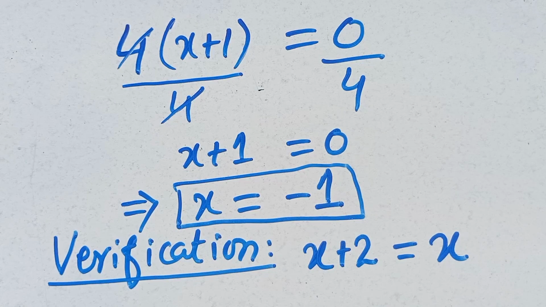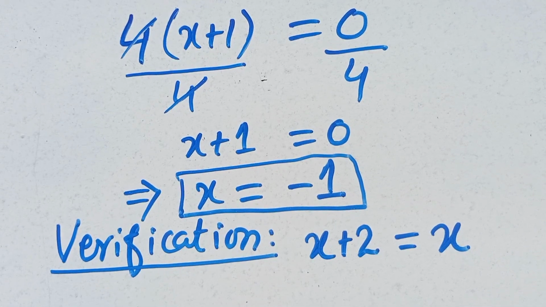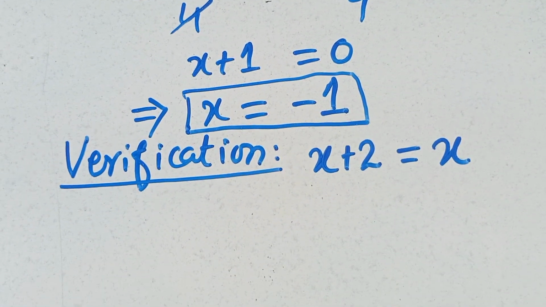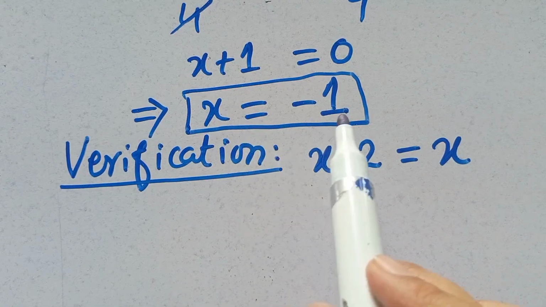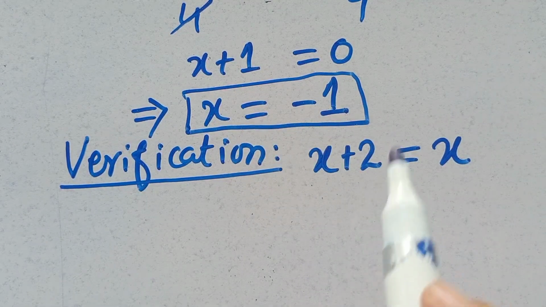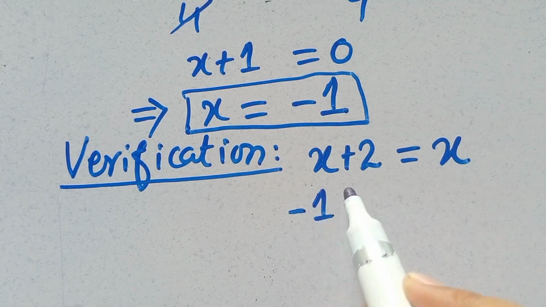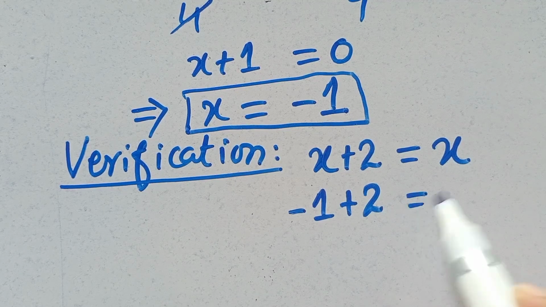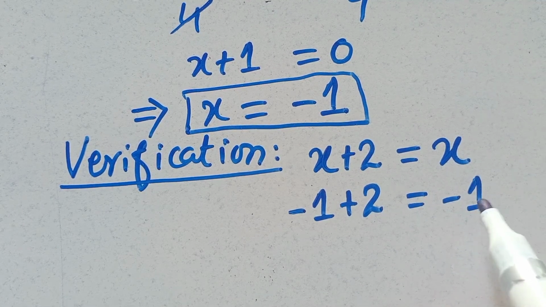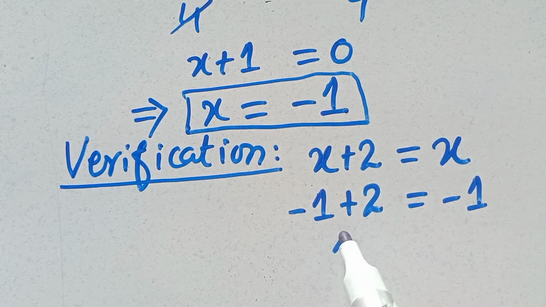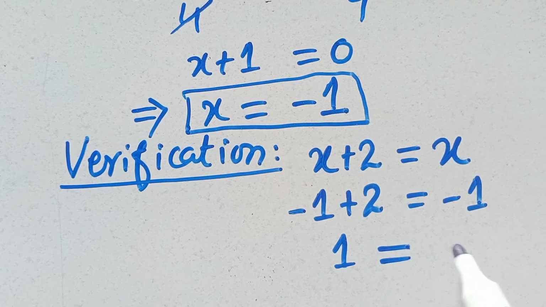Now replacing x by its value, that is negative 1, we can write the left hand side as negative 1 plus 2, and similarly on the right hand side negative 1. Now solving, negative 1 plus 2 will be equal to 1, so 1 equals negative 1, which is contradictory, that is, 1 can't be equal to negative 1.